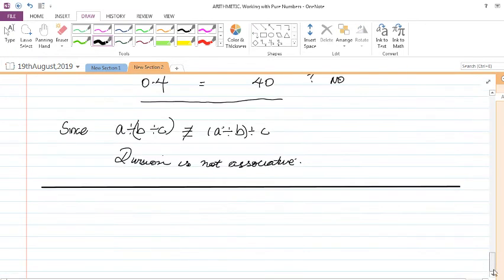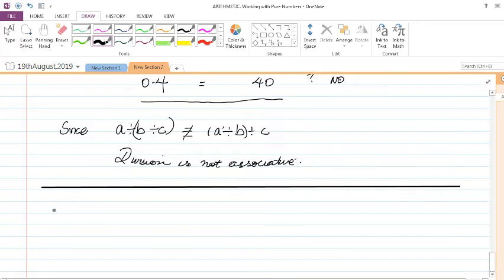Now, Destiny, this is where you have to start thinking mathematically. Now, I want to try and combine the associative and the commutative properties. Right?